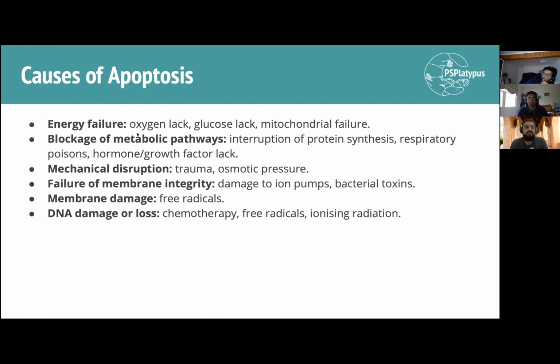So you have energy failure, like oxygen lack or glucose lack, blockage of metabolic pathways, where interruption of protein synthesis occurs, or respiratory poisons, hormone or growth factor lack. We have some sort of mechanical disruption due to trauma or osmotic pressure, failure of membrane integrity, membrane damage because of free radicals, and finally DNA damage or loss due to chemotherapy or ionizing radiation.